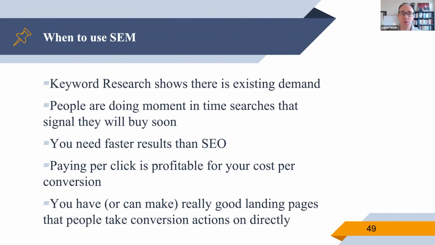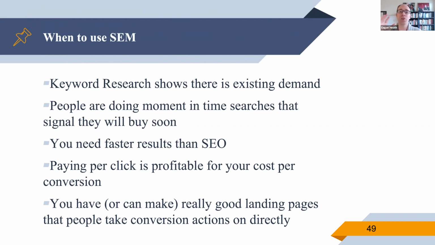If you have multiple services, I think we have Sue on, and Sue, I believe you have memory care and assisted living, if I recall right. If someone's searching for memory care, they need to go to a page specifically about that. If they're looking for assisted living near them, they need to go to the page for your location that's closest to them, that sort of thing.